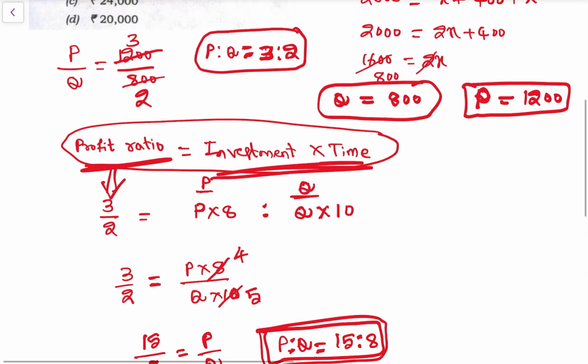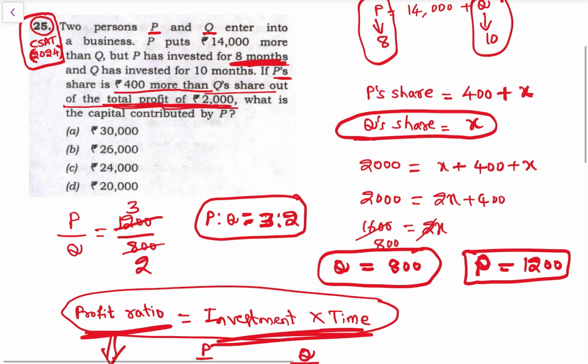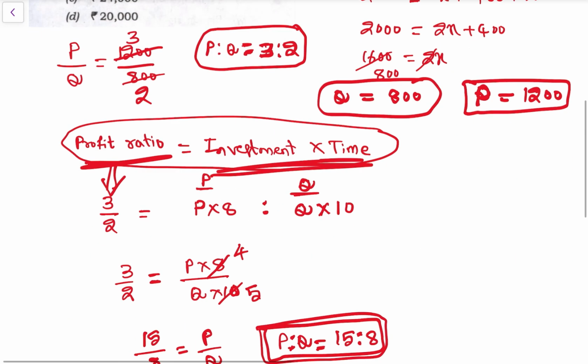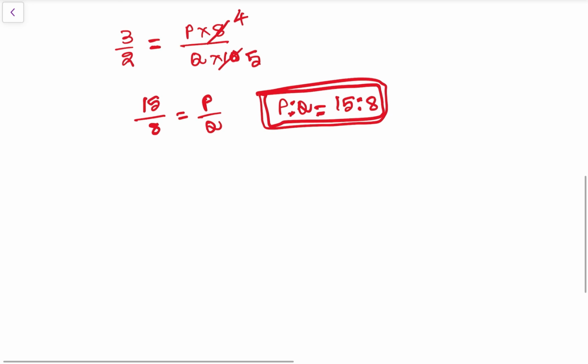Now what is given in the question? P puts 14,000 more than Q. So now the difference between P and Q: the ratio is 15K is to 8K, so the difference is 7K.